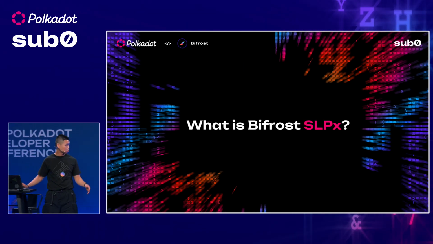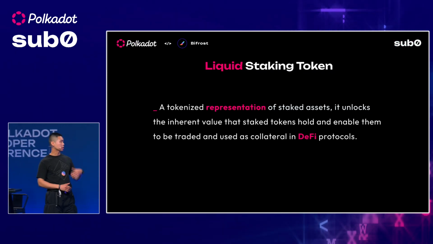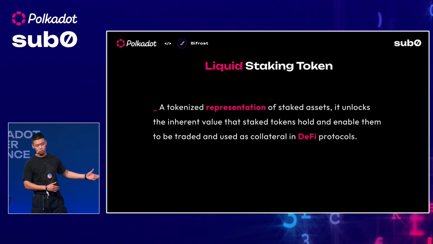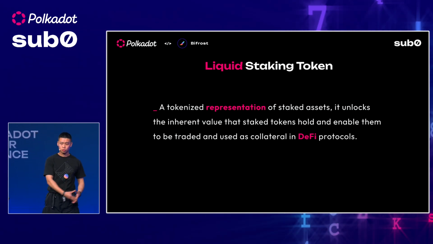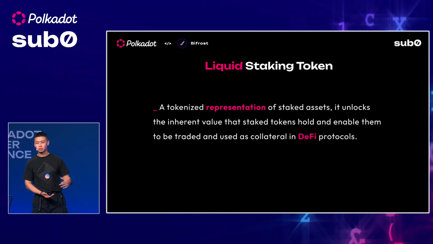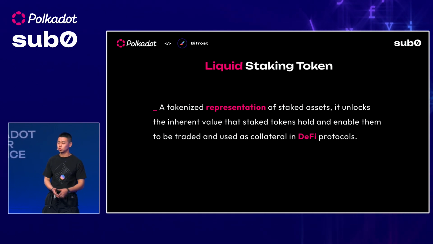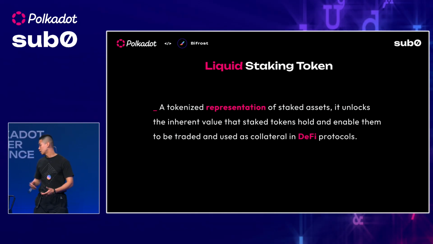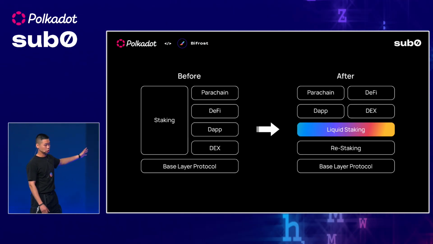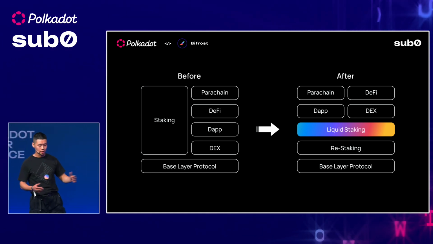So let's go to what Bifrost SLPx is. Before that, we need a few sentences about the concept of a liquid staking token. You might have heard about liquid staking tokens recently. They are very popular. The principle is that it's a representation token of a staked asset, which you can use across any DeFi scenarios. Before the liquid staking token appeared, each of the use case scenarios was isolated.